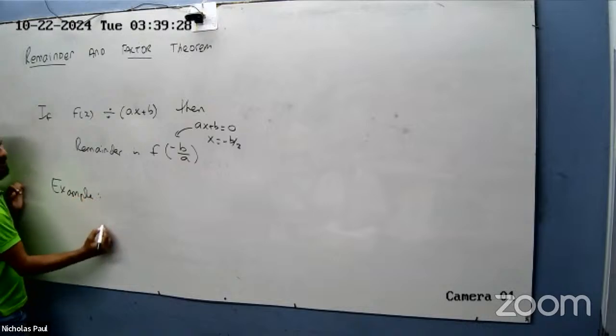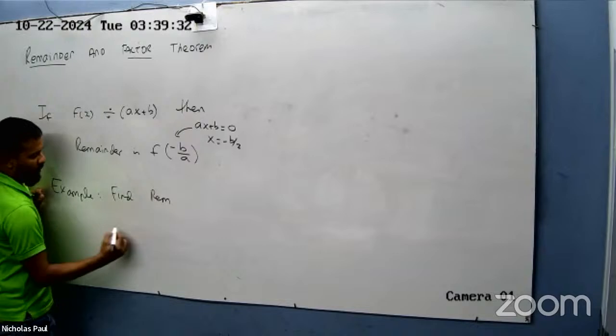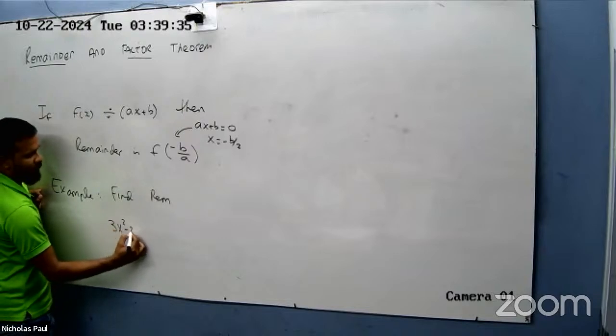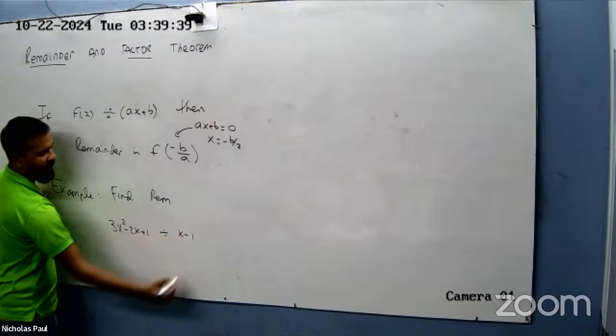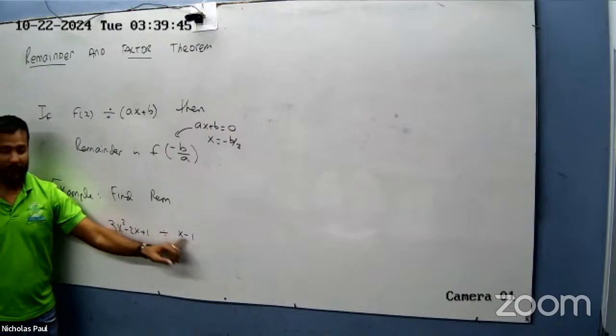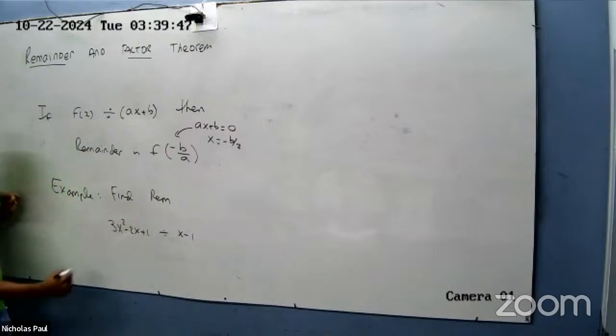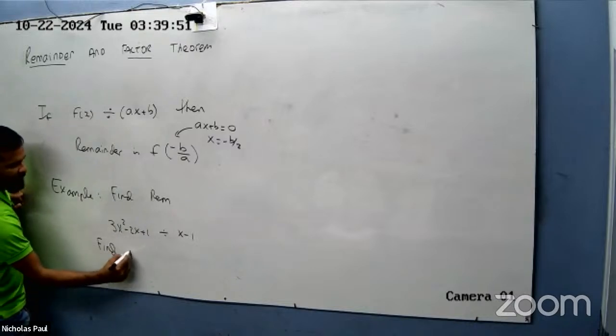If I wanted to find the remainder when 3x squared minus 2x plus 1 is divided by x minus 1, all I have to do is find f of what?